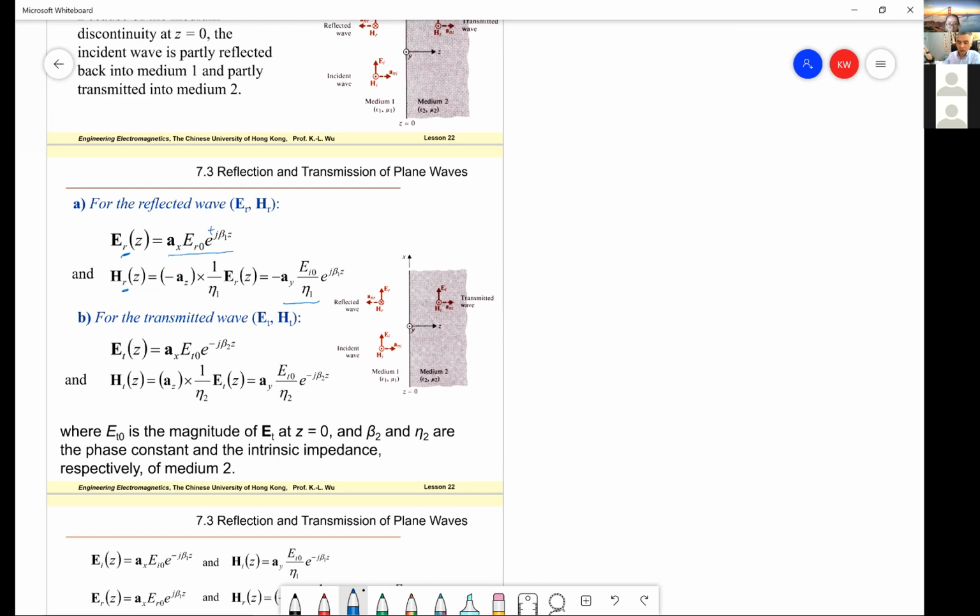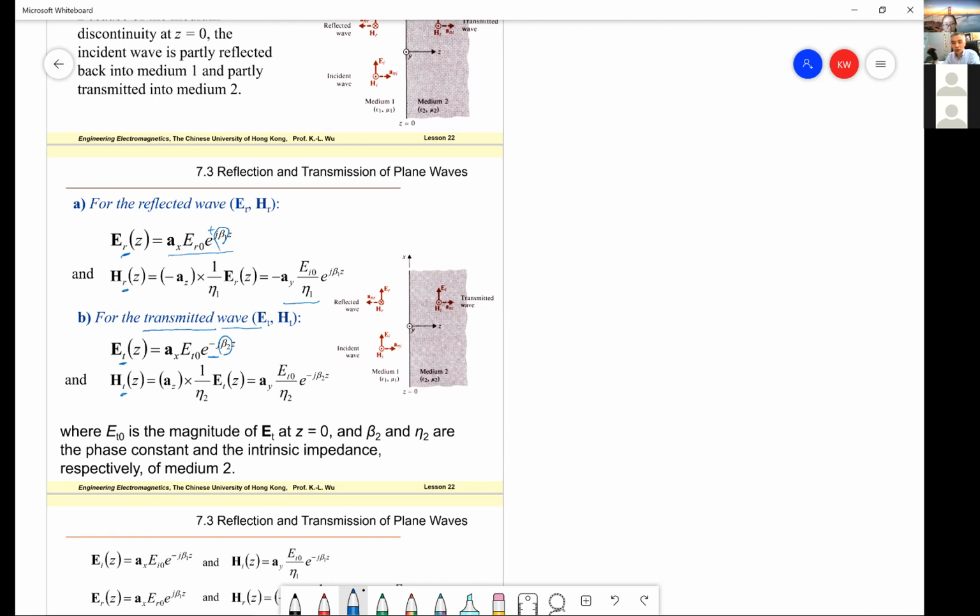We also have a wave that penetrates into medium 2. We call it the transmitted wave, and use the subscript T. It also propagates in the z direction. Pay attention: we use beta 2 instead of beta 1, because the incident wave and reflected wave both happen in medium 1, so I use the propagation constant in medium 1.